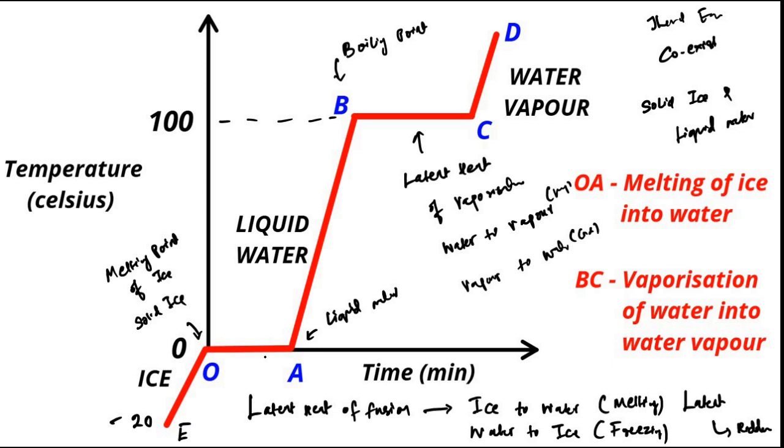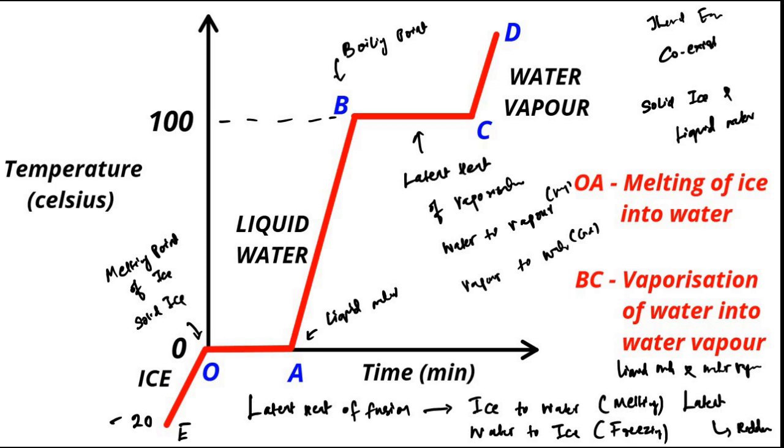Similarly, in this BC portion, the latent heat of vaporization, liquid water and water vapor can simultaneously coexist in thermal equilibrium with each other. So these are some of the basic concepts.